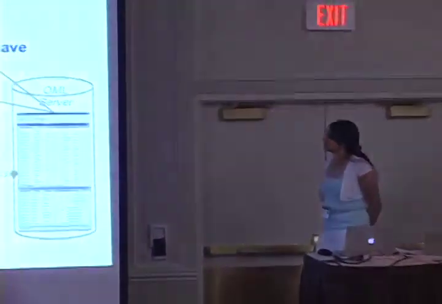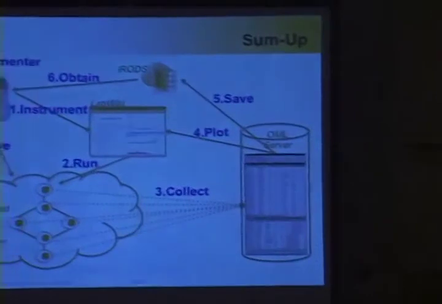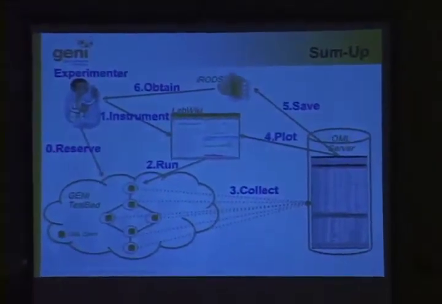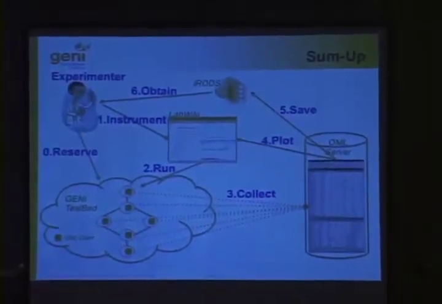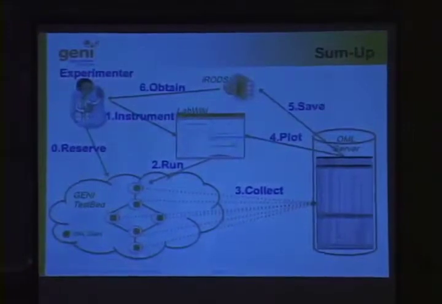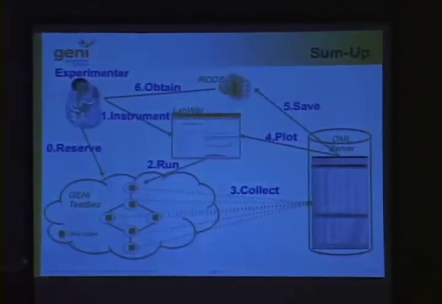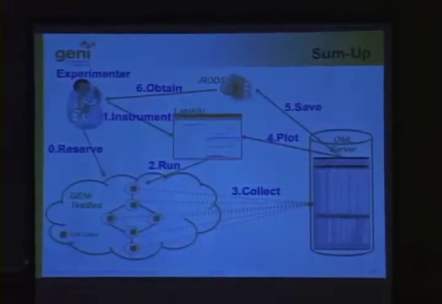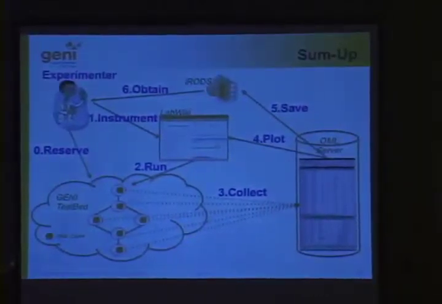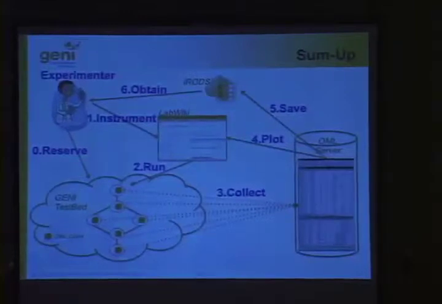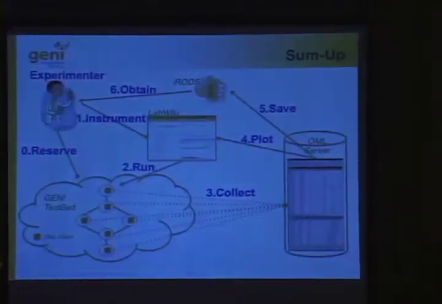So to sum up, these are the steps that we have gone through. We first reserved a load balancing topology from GENI. Then we instrument labwiki to run our experiment. Labwiki controls all the nodes that we reserved to send monitoring results to the OMF server, which in turn plots the live graph onto labwiki, as well as saves all the monitoring data to an iRODS server from where the user can obtain the detailed logs.